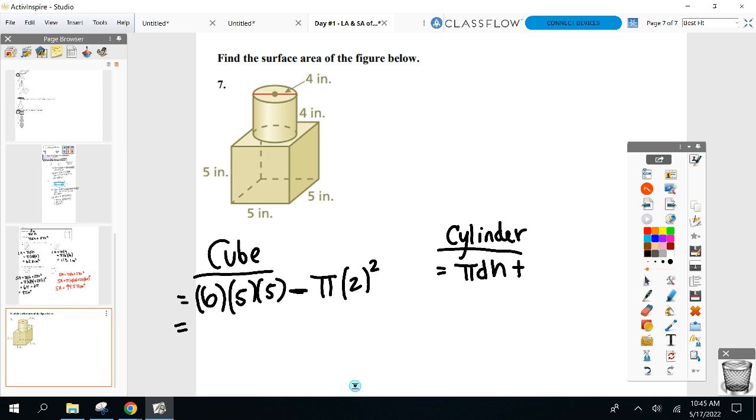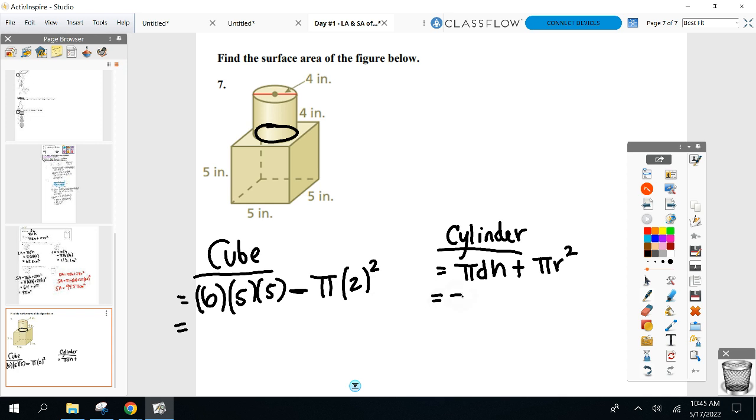Now, do I want to do 2 pi r squared? Why not? This base is covered up on the cube, so I can't count it. So instead of doing 2 pi r squared, I'm just going to do pi r squared. Everyone see that? When you're asked about surface area, it's everything that's showing on the outside.